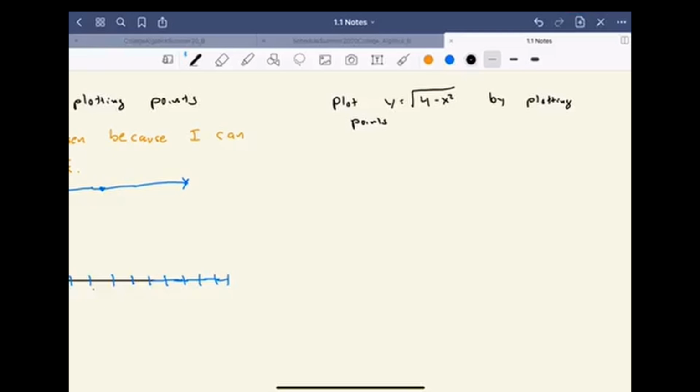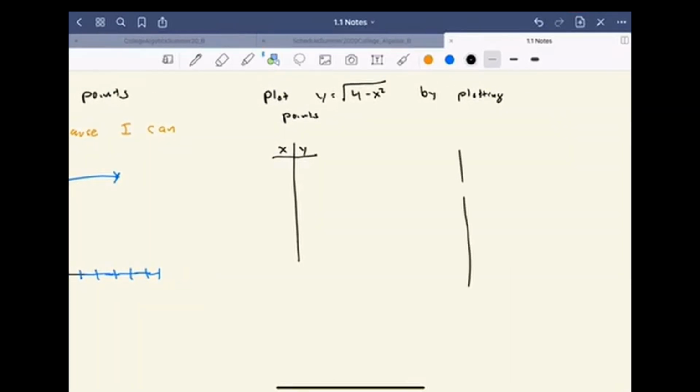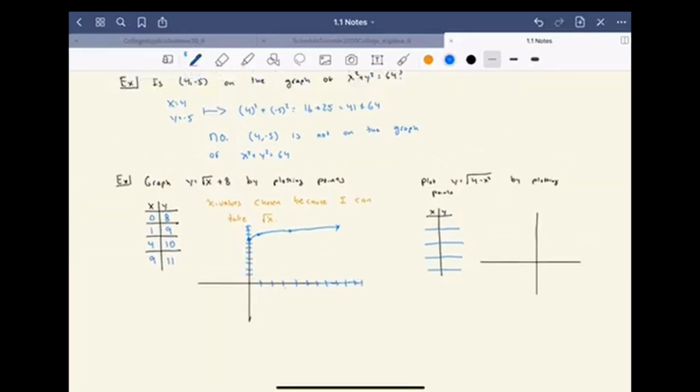Okay, now, again, I'm going to make an XY chart. Okay, now I'm going to pick x values that make sense here. Remember, I am not allowed to take the square root of a negative number.